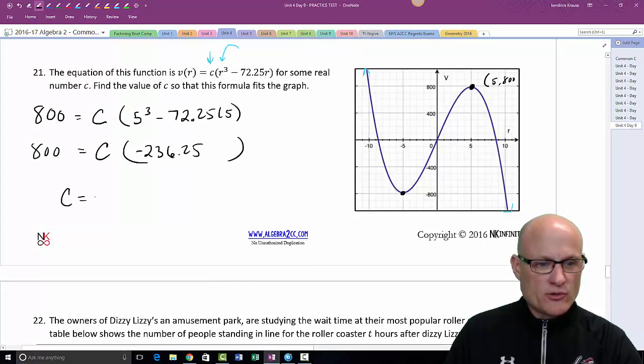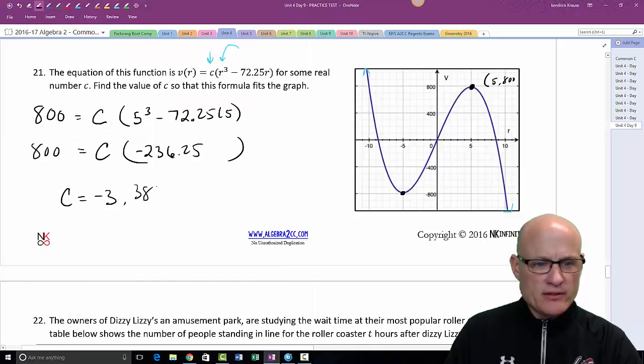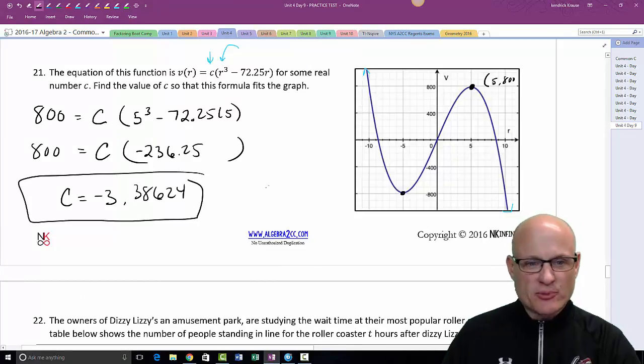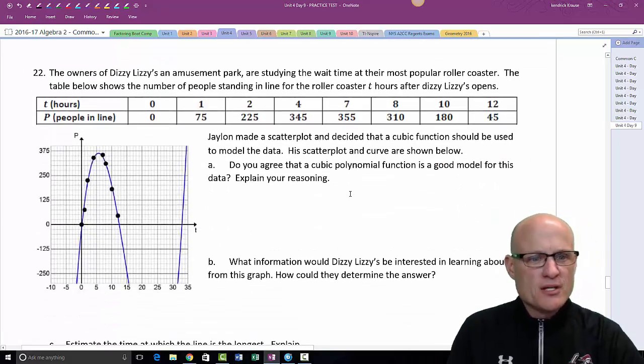So C equals negative 3.8624. I probably should have told you what to round to. If I told you to round to the hundredths place, then C would be equal to negative 3.86. Boom. There it is. All right. Almost done.